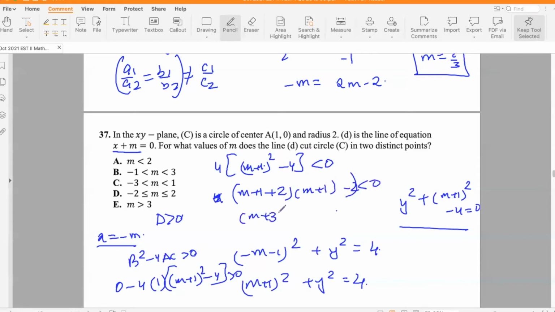So (m plus 3) and (m minus 1) should be negative, which means that m should lie between minus 3 and 1. So m should lie between minus 3 and 1, which is when this would have two intersection points.